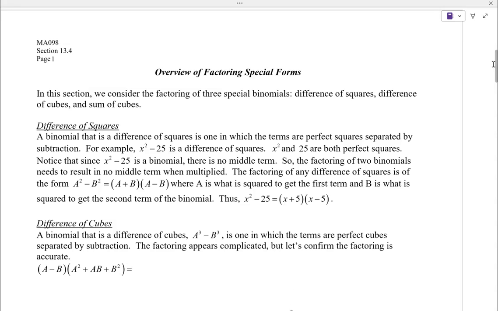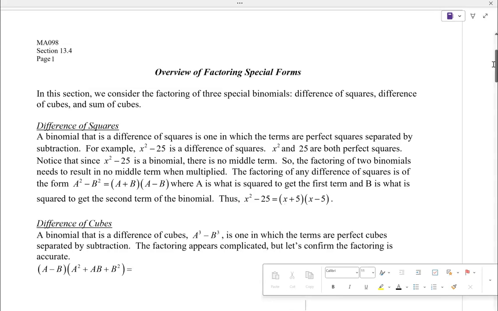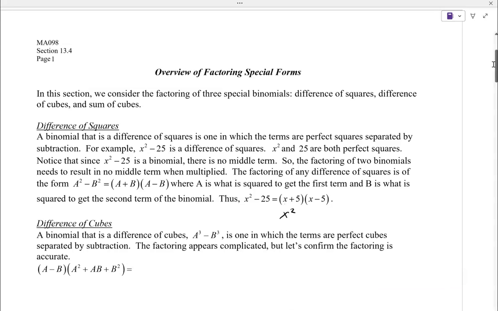So we get x times x gives us x squared. x times negative 5 gives us negative 5x. 5 times x gives us plus 5x. 5 times negative 5 gives us negative 25. That's how we would distribute that, right? We agree? We've done that previously. That was actually on the last quiz stuff.